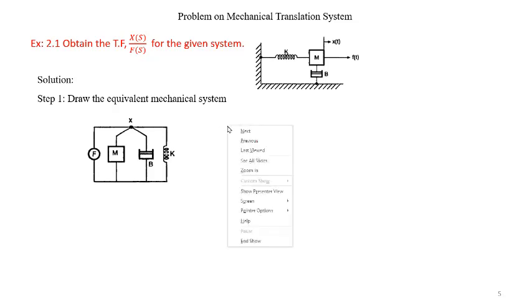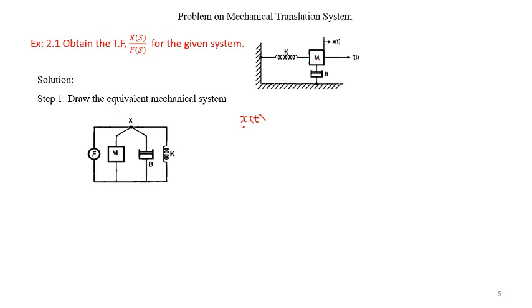How to draw this one? Here we are having one node. That node we are going to represent as x of t. The mass has a displacement.